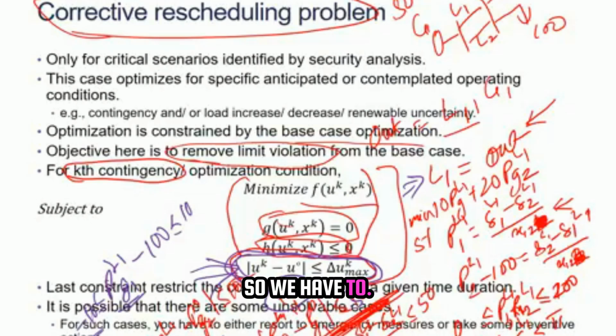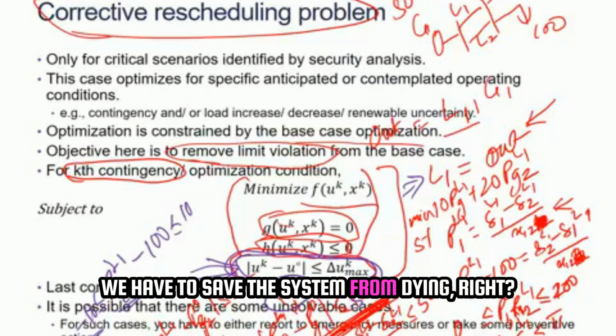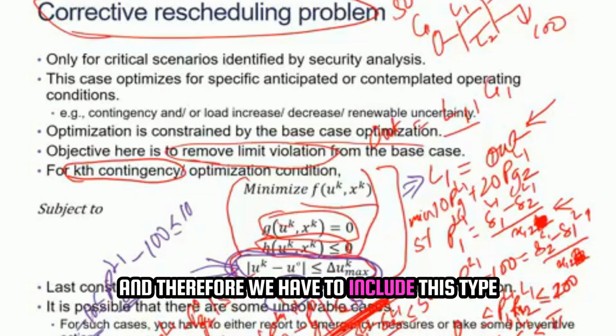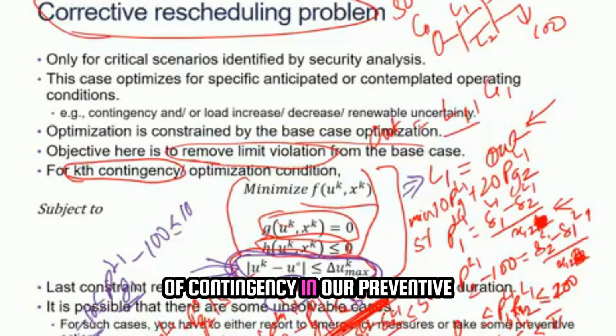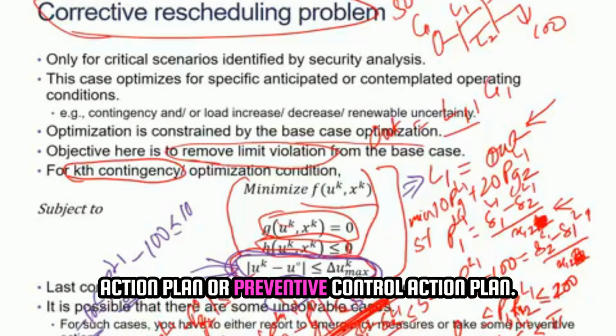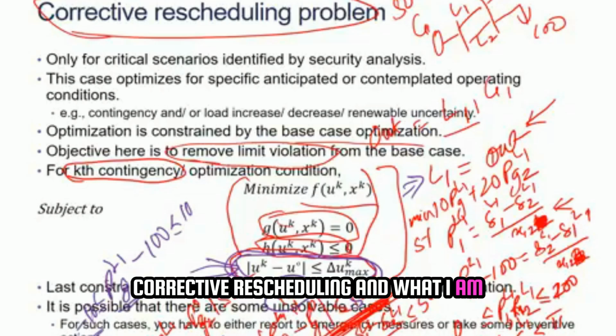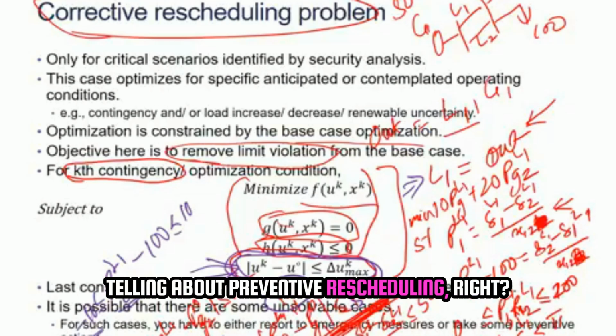We have to save the system from dying, from load shedding, and therefore we have to include this type of contingency in our preventive control action plan. You get the difference between what I'm saying about corrective rescheduling and what I'm telling about preventive rescheduling.